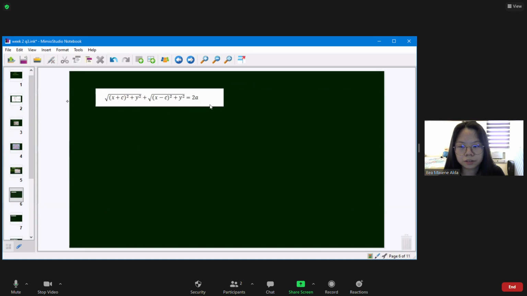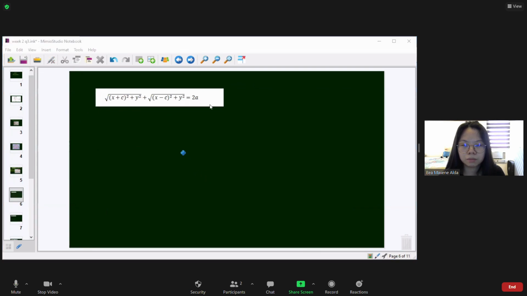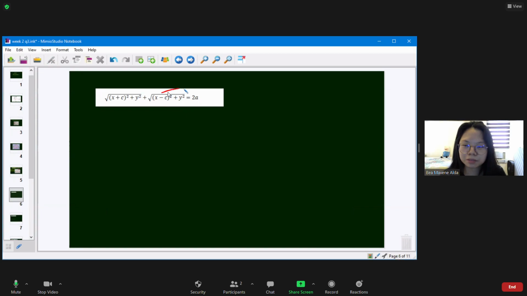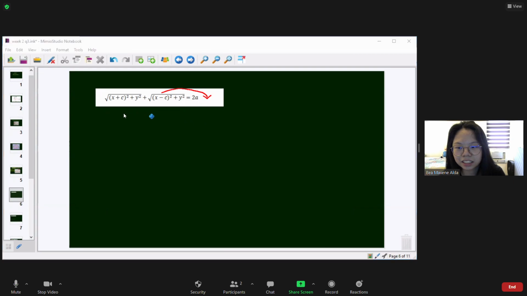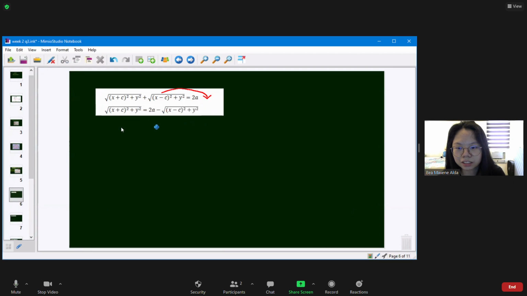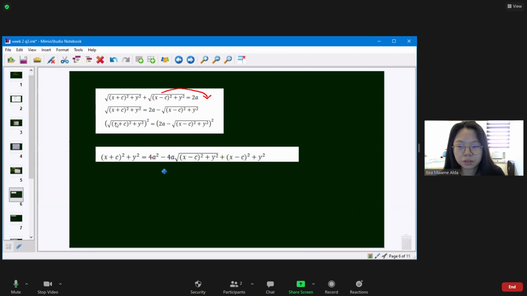Here, over here. Now, para mas madali, of course, we have to square the equation para mawala yung square root. But, para mas maganda, ilipad mo na lang ito sa kabila. Ayan. Now, i-square nga natin. Like so. So kapag square, mawawala si square root.